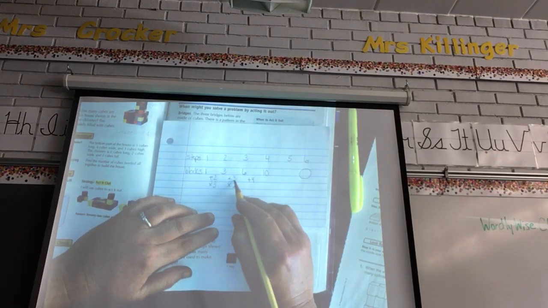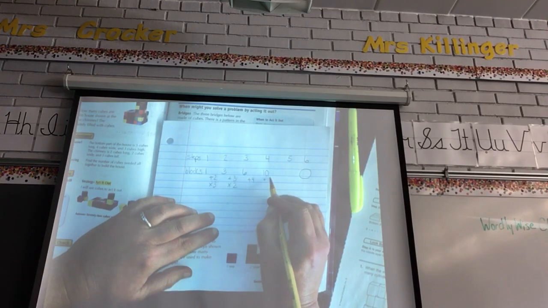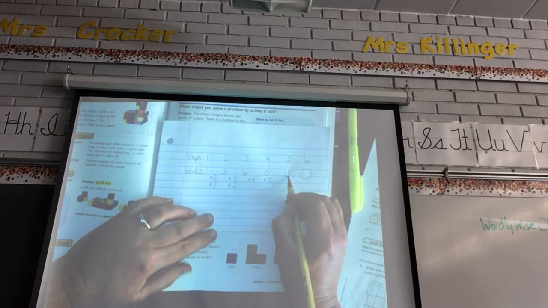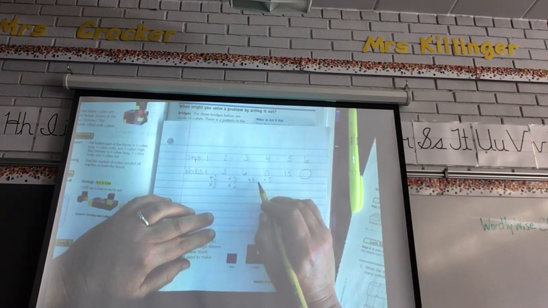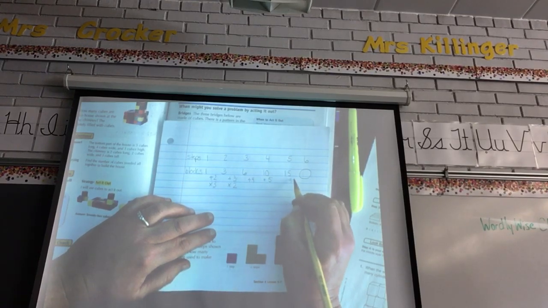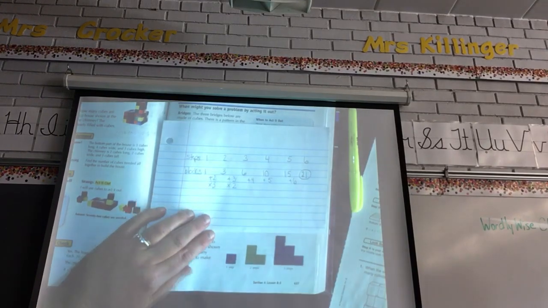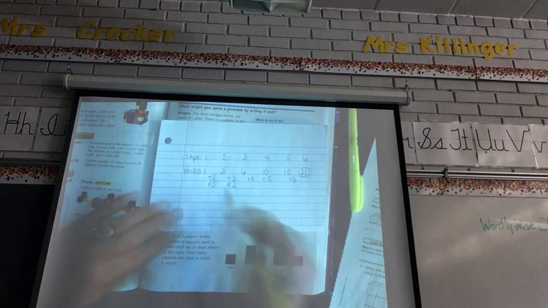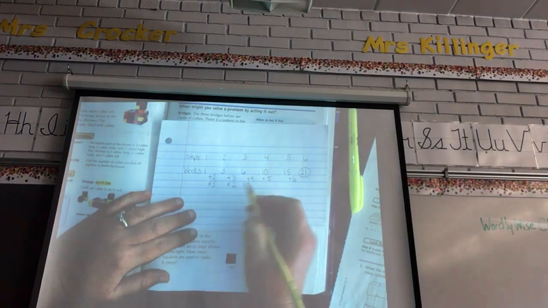Add 2, add 3, add 4, add 5. 10 plus 5 gives me 15. Add 2, add 3, add 4, add 5, to 15 add 6, and it gets me to 21. Now, I'm not sure if that's my answer or not. I need to follow out my multiplication pattern.